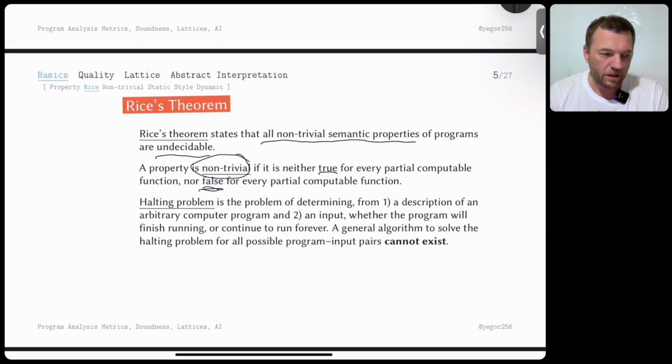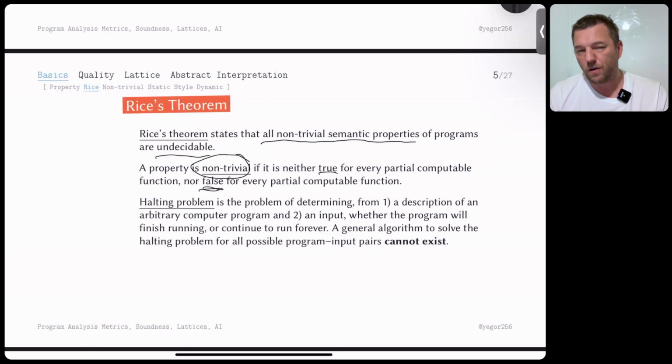So for example, let's say I'm trying to invent a property which is always true. Let's say a semantic property of a program: the program will run longer than 1 nanosecond on this computer, which is, for example, quite slow.